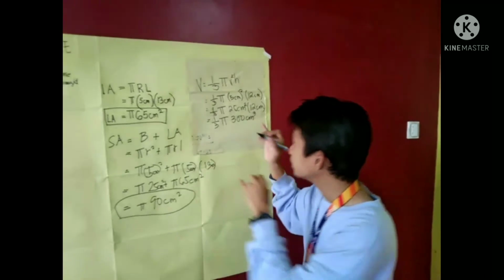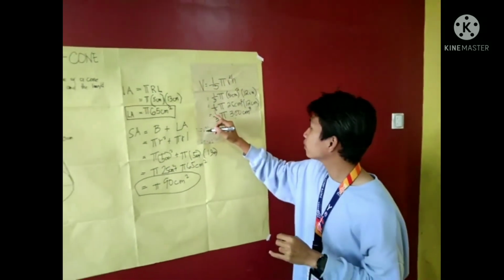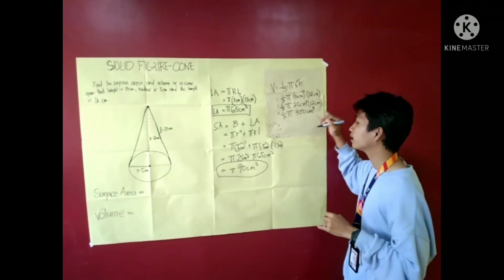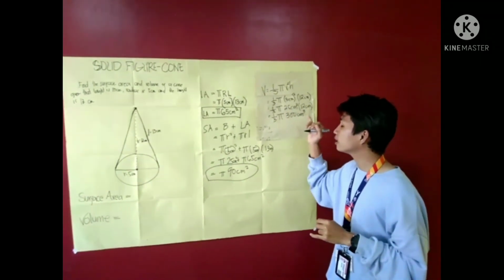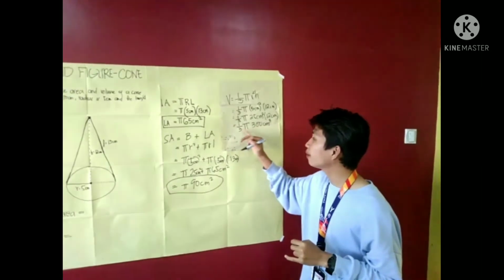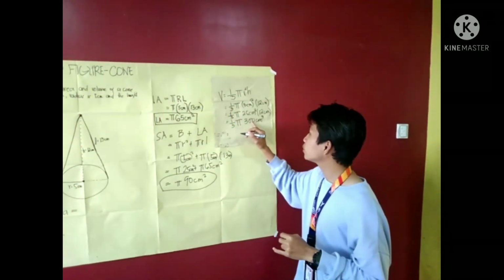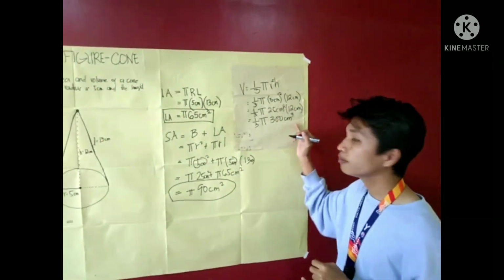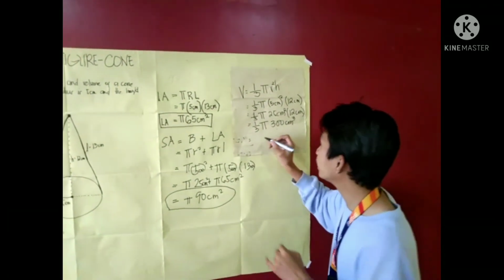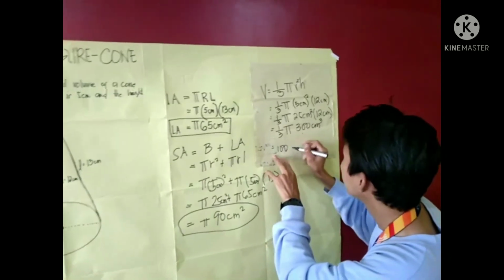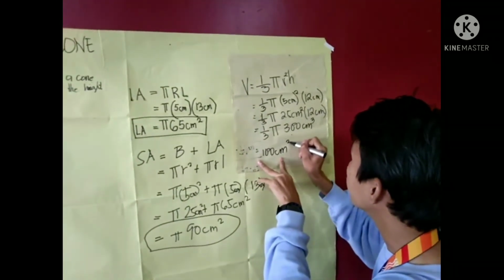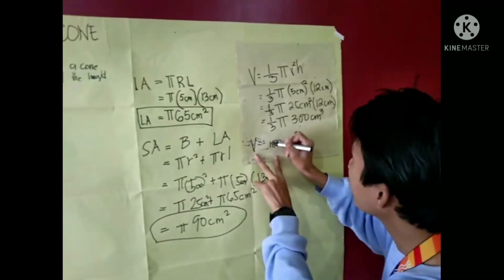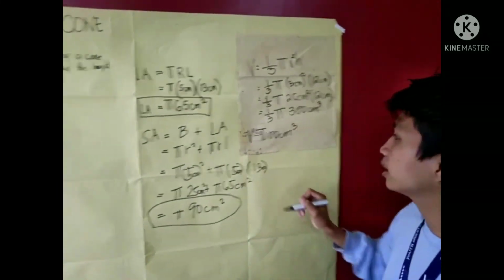What is the next step? Multiply the numerator by 300 centimeters cubed and then divide by the denominator. So 1 times 300 centimeters cubed is equal to 300 centimeters cubed, divided by 3 is equal to 100 centimeters cubed.